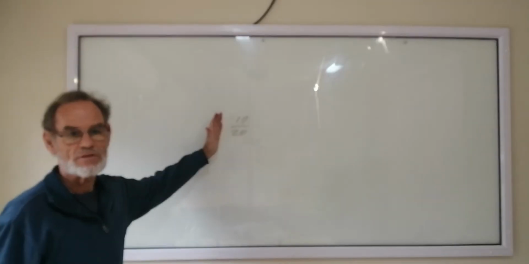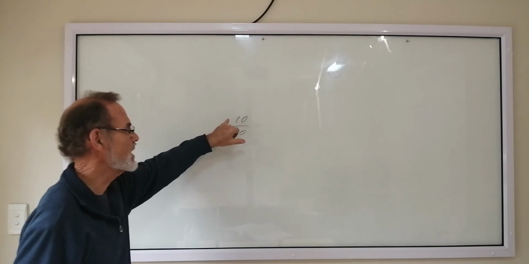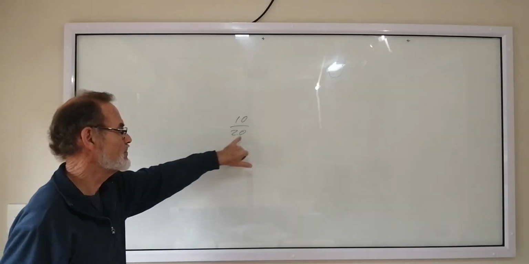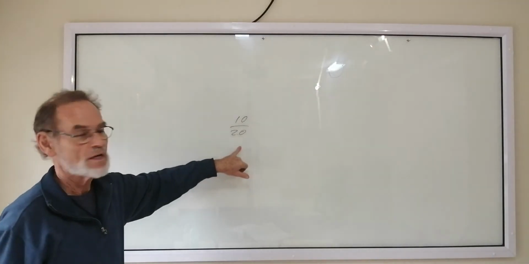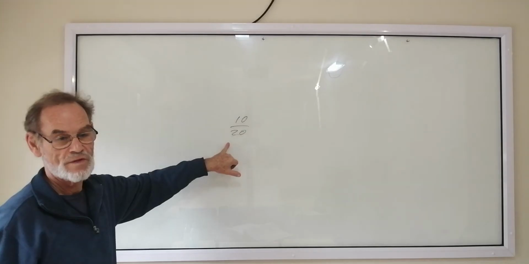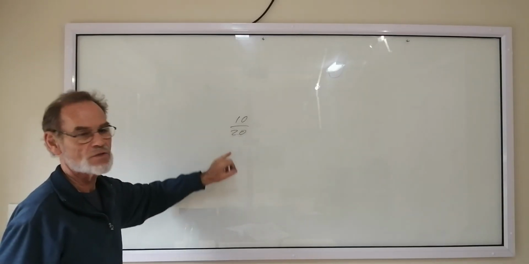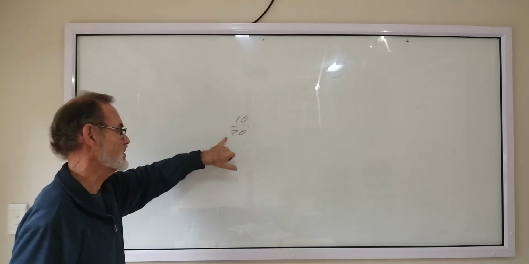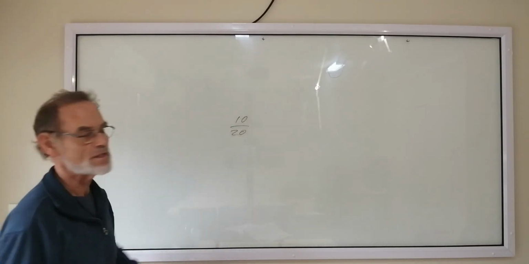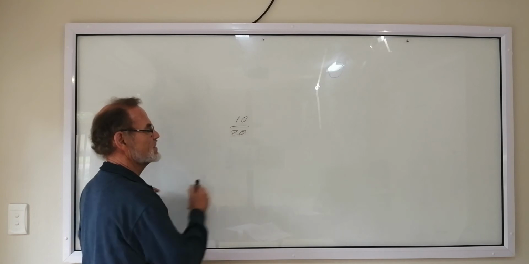Express this as a percentage. We're writing one number as a percentage of another. This number is always the total. It's always out of a total. So a fraction is also something out of a total. There's always a total of 20, or whatever is under here is the total.